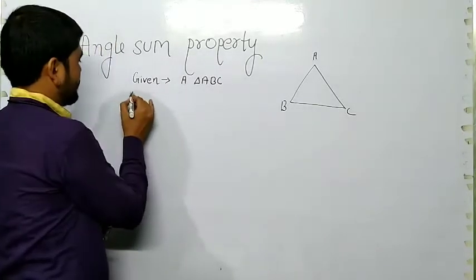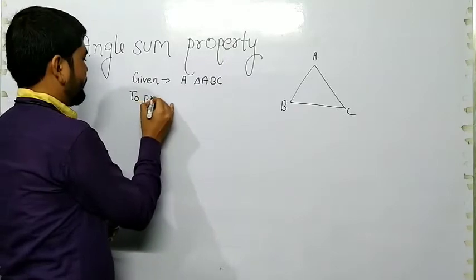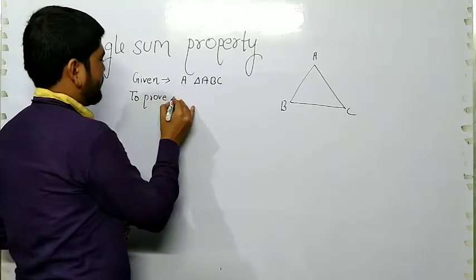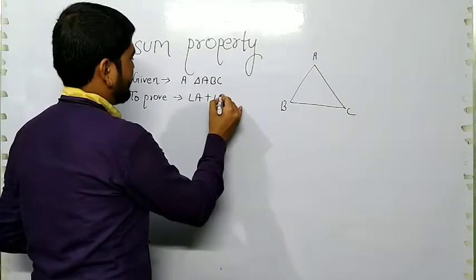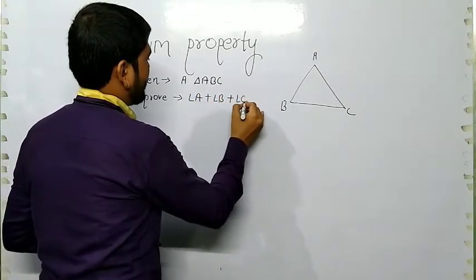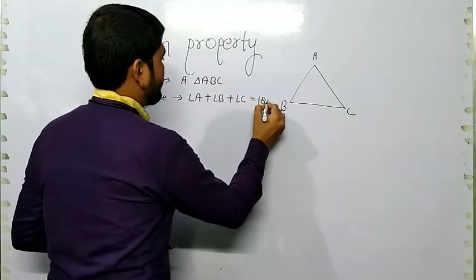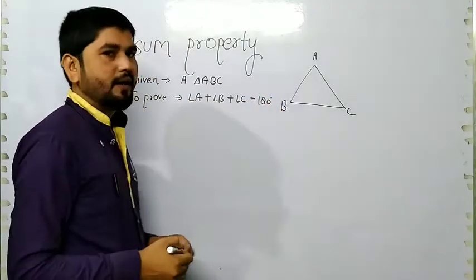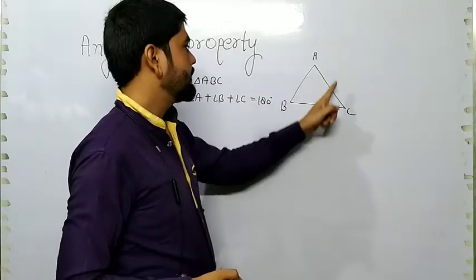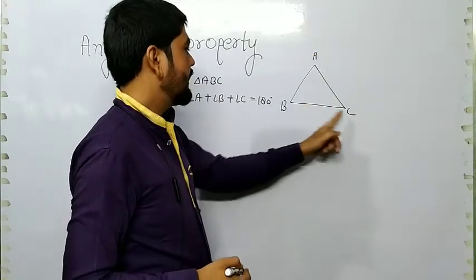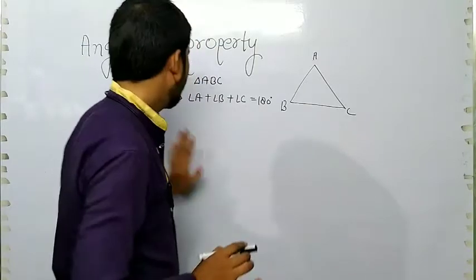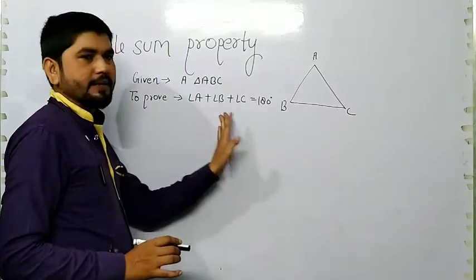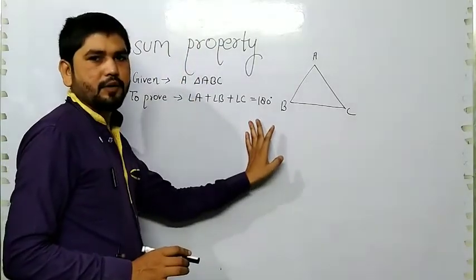Now to prove angle A plus angle B plus angle C is equal to 180. Otherwise we can write it in this form also: angle BAC, angle ACB and angle CBA. This is also quite okay.